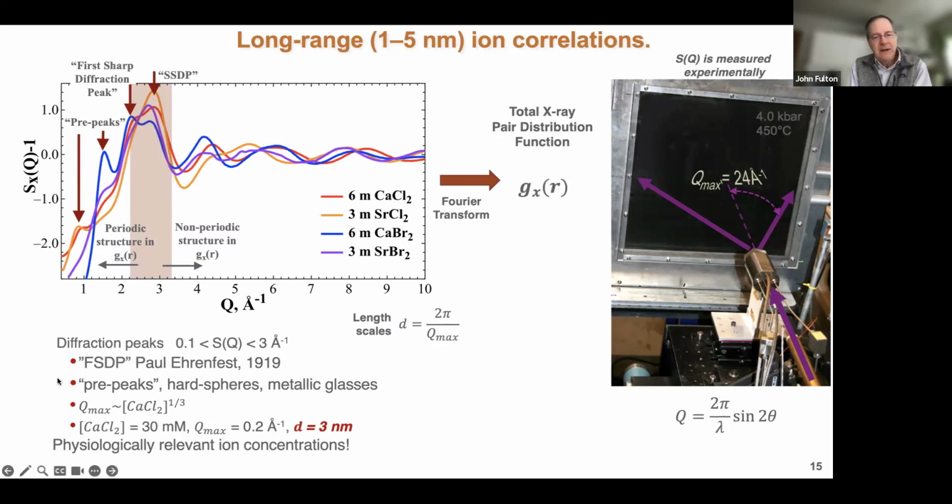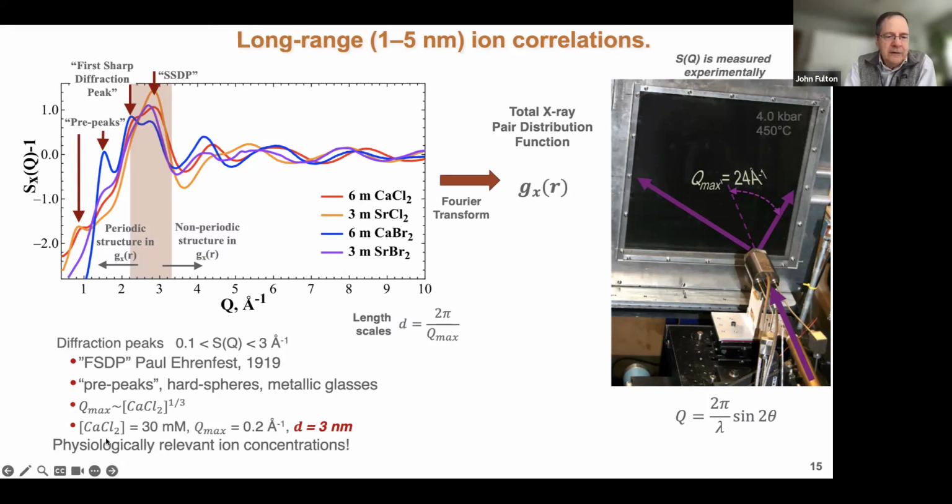But it was understood early on in metals and metallic glasses that these peaks are often associated with hard sphere packing. And then after a few decades, it was found that high concentration electrolyte solutions also show existence of these pre-peaks.